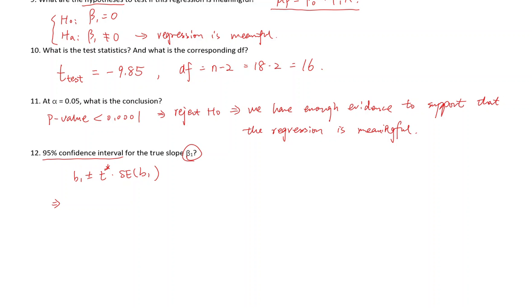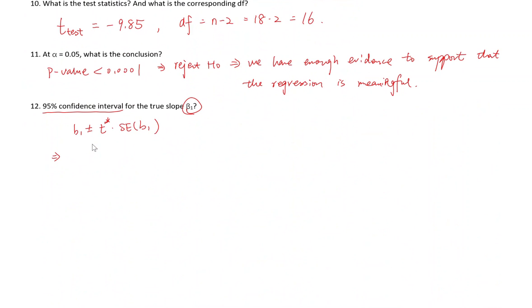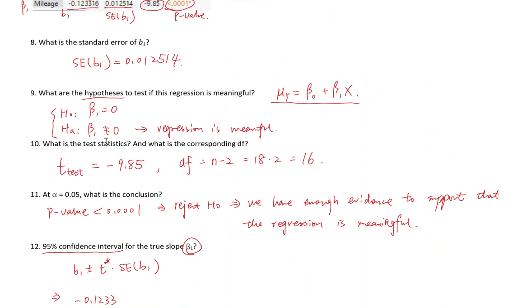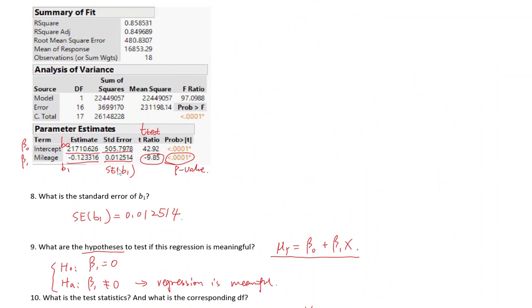Just plug into the formula. What is the value of b1? From the output, this is the b1. It is negative 0.1233 3316. Plus minus the t star; since n has not changed, still 95%, your t star is still 2.12, times the standard error of b1. What is the standard error of b1?